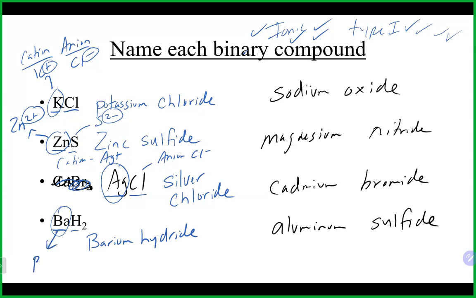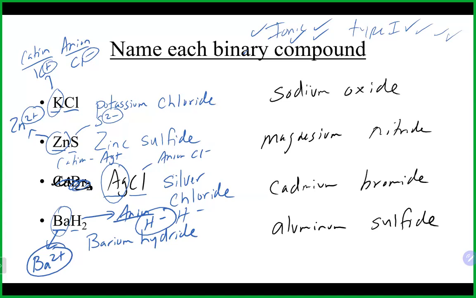Again, the cation is Ba2+. The anion in this case is H-, not H2-, but just H-. The 2 again here means you have 2 of them. So again, that is the formula for the anion, and that is the formula for the cation. Any questions on any of the names here?